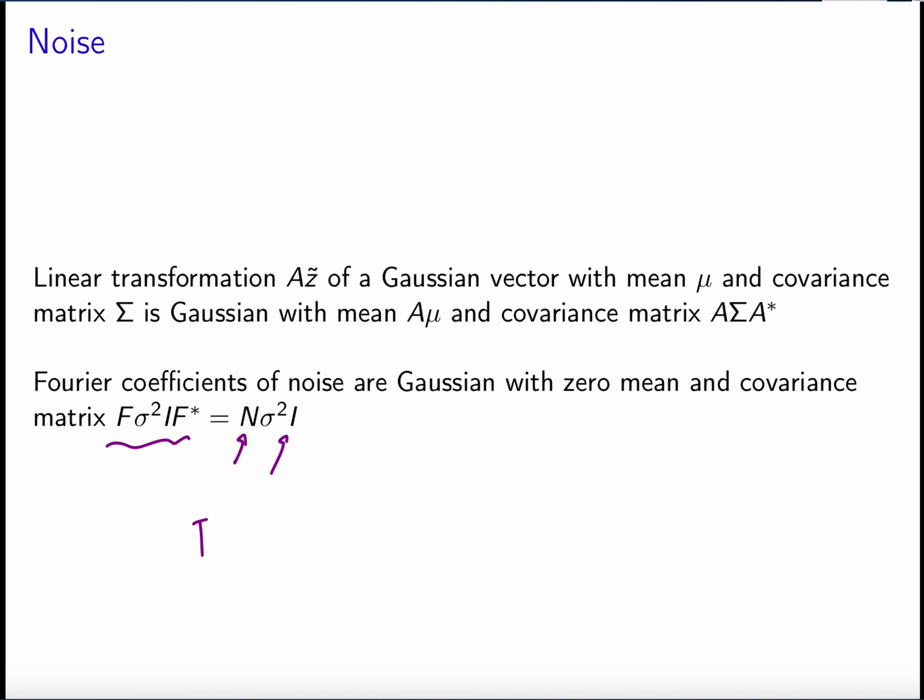Here we're using the fact that F times its adjoint is just n times the identity, where F is n by n. Why? Because 1 over n F adjoint F is just equal to the identity, because that's the inverse DFT. Okay. So the point is that the noise is going to be IID Gaussian with variance n sigma squared.